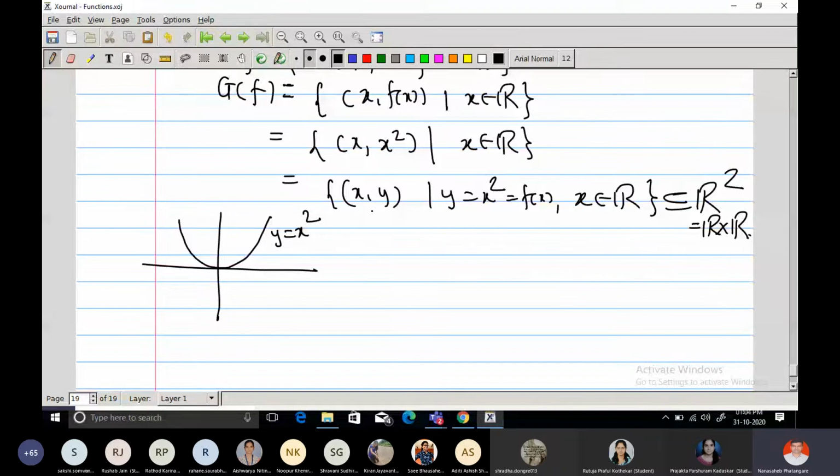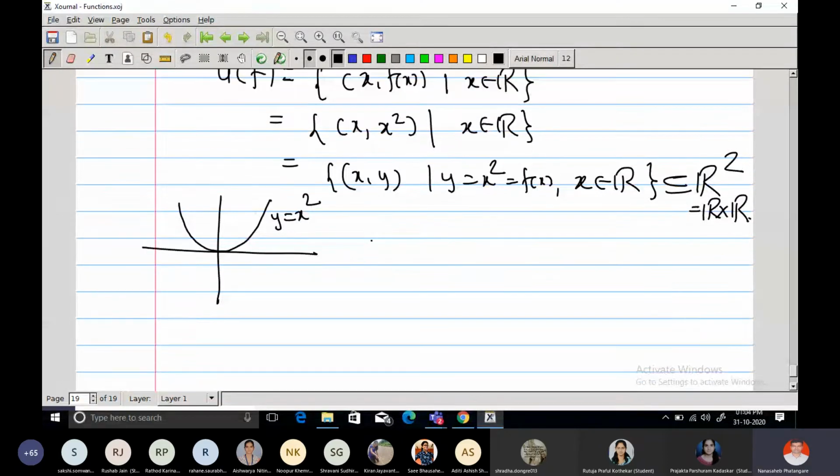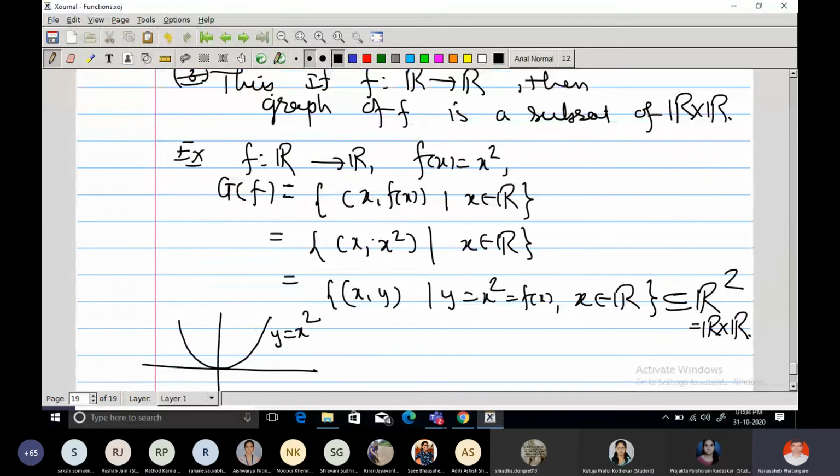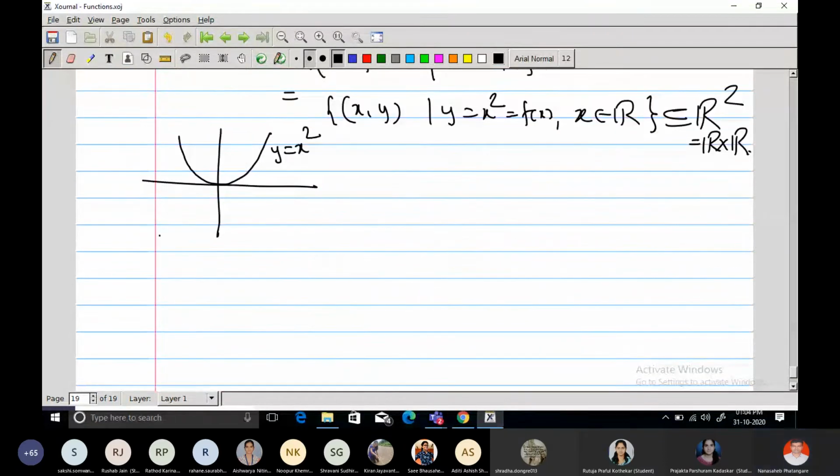It is a subset of R2, because we can draw it in the plane. So for simplicity, we generally write the parabola y is equal to x square, but actually it is this set of pairs. So if you have a function from R to R, then the graph is a subset of R2.